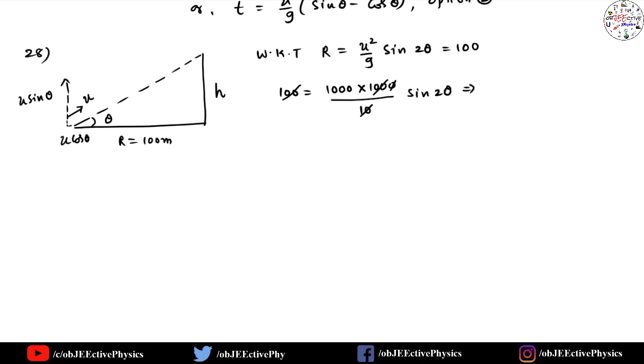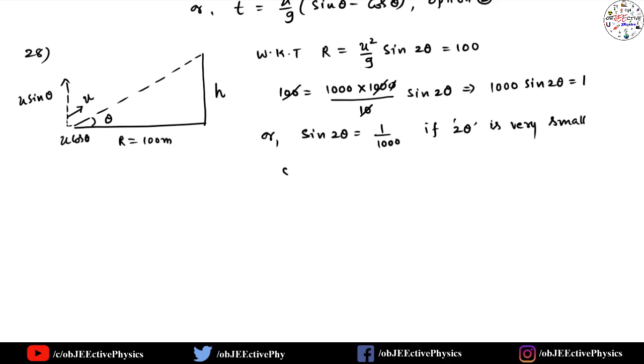So that implies 1000 sine 2 theta is equal to 1, or sine 2 theta is equal to 1 divided by 1000. If theta, or 2 theta, is very small, we know that sine 2 theta is approximately equal to 2 theta. So therefore 2 theta is equal to 1 by 1000, or theta is equal to 1 by 2000.